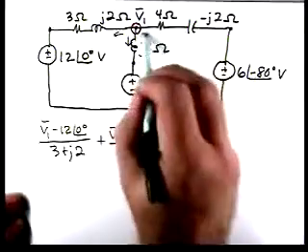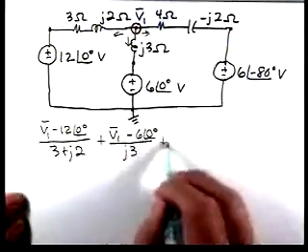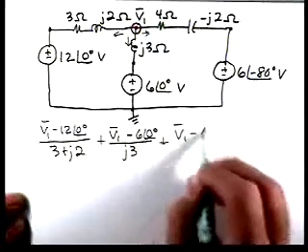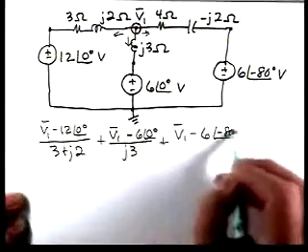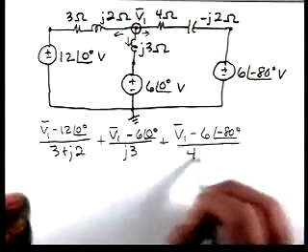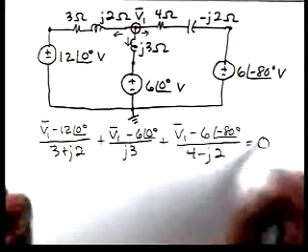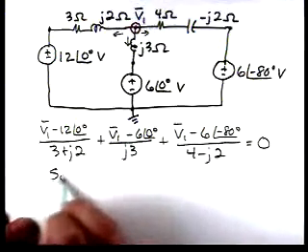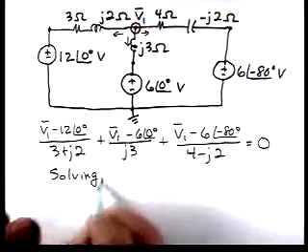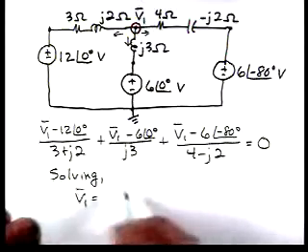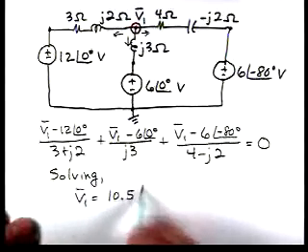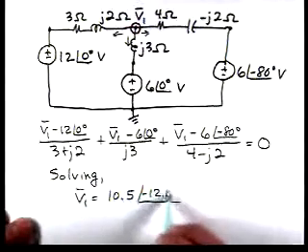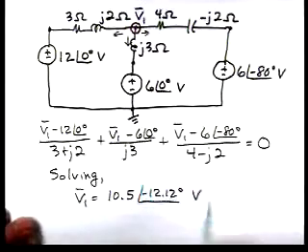And then the current leaving in that direction is (V1 minus 6 at an angle of minus 80) over (4 minus j2), and the sum is equal to 0. And if we solve, we get V1 equal to 10.5 at an angle of minus 12.12 degrees.